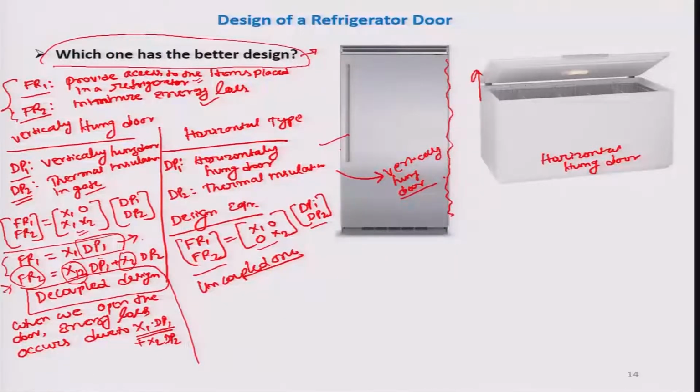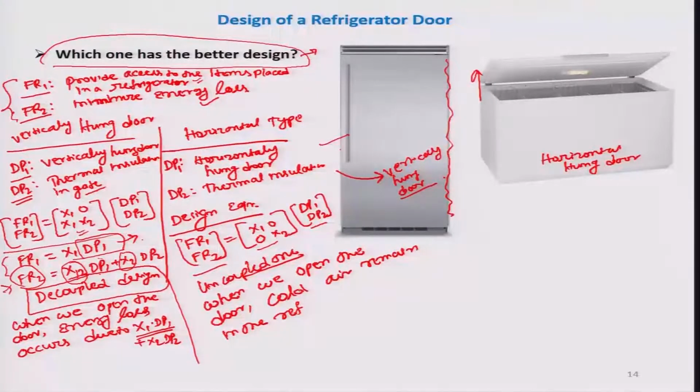Okay. So, you can see here both parameters dp1 and dp2 are independent in each case for functional requirement 1 and functional requirement 2. Why? Because when we open the door, cold air will remain in the refrigerator, and energy loss can be minimized.